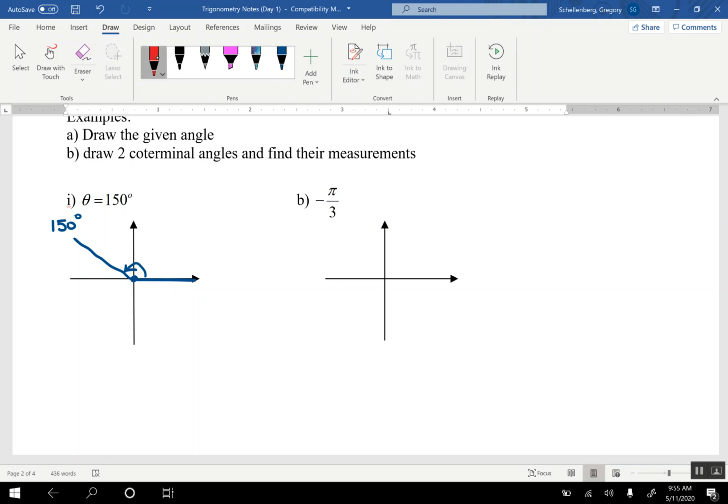If we continue to rotate an additional 360 degrees, we come right back to the exact same angle in standard position. But this angle is going to be 510 degrees. I've added 360 to 150, so 510 degrees is coterminal.